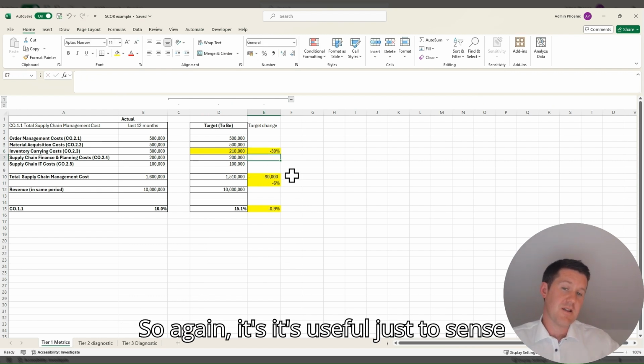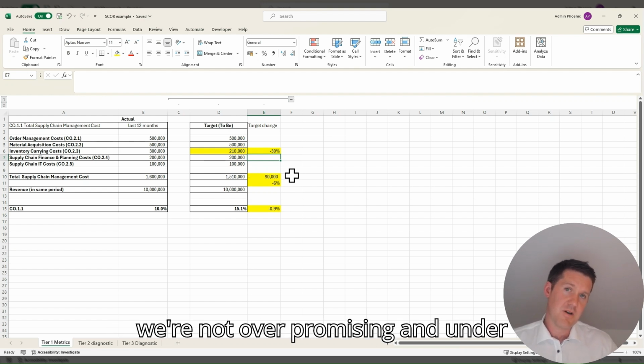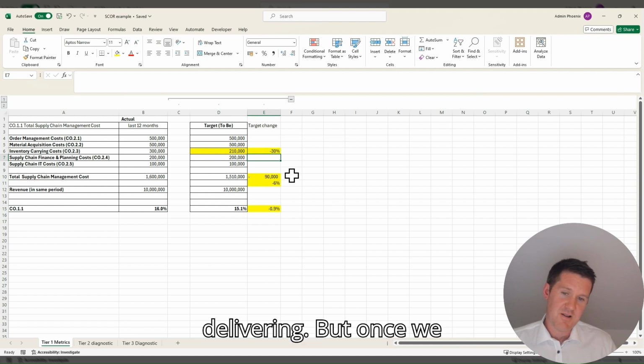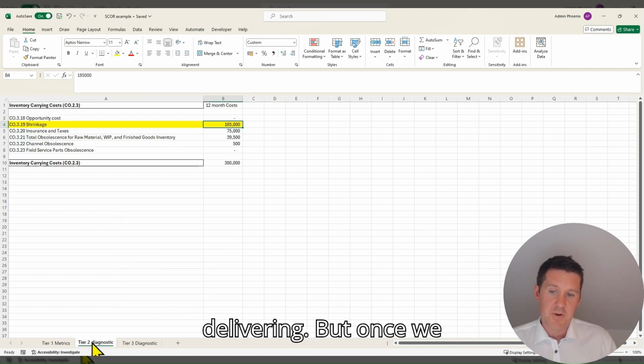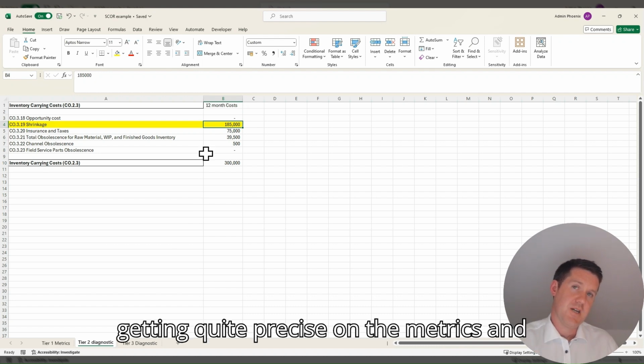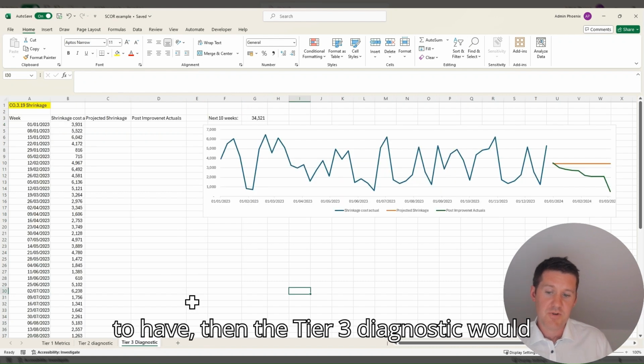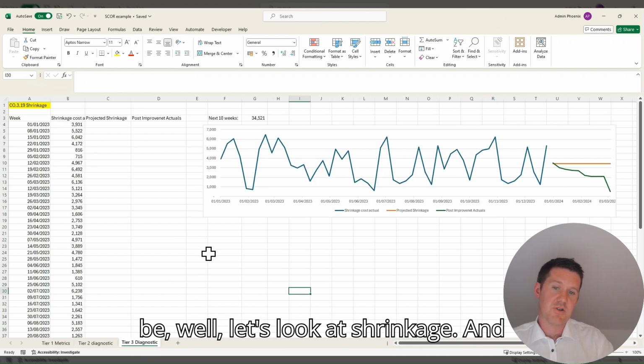So again, it's useful just to sense check what we're saying, the ambition, so we're not over-promising and under-delivering. But once we get clear, okay, so now we're getting quite precise on the metrics and why it matters and the impact we're going to have, then the tier 3 diagnostic would be, well, let's look at shrinkage.